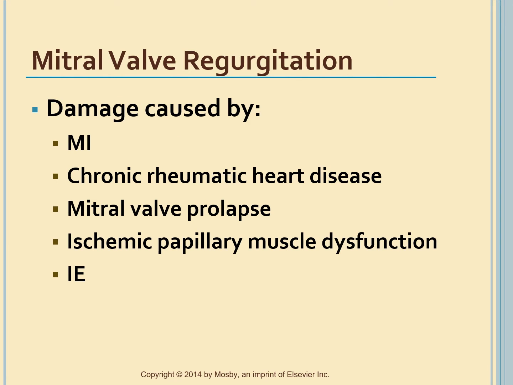Damage to those structures can be caused by an MI, rheumatic heart disease or rheumatic fever from untreated strep throat, mitral valve prolapse, which we'll talk about in just a second, ischemic papillary muscle dysfunction, which generally happens because of an MI, or infective endocarditis.